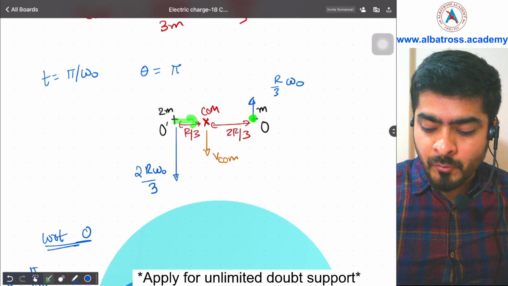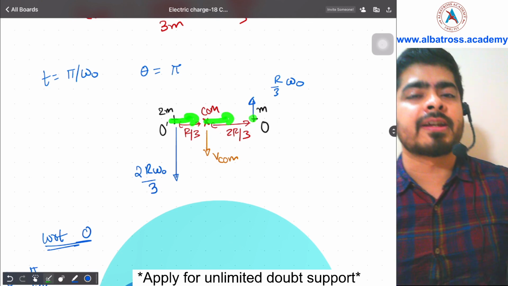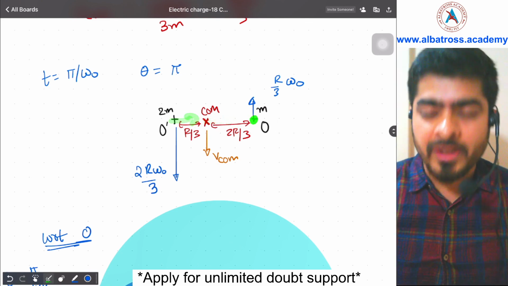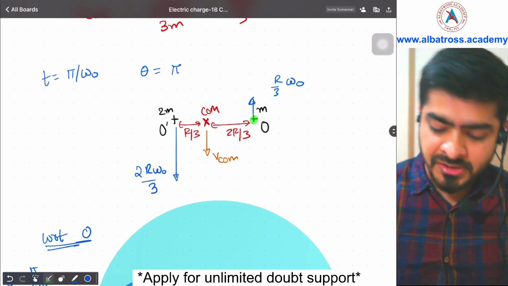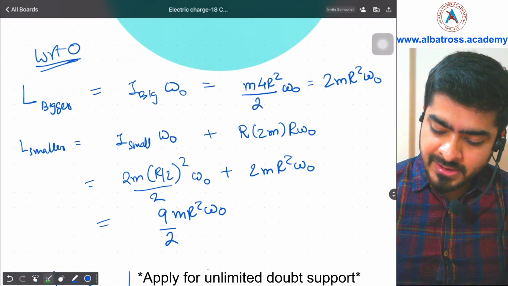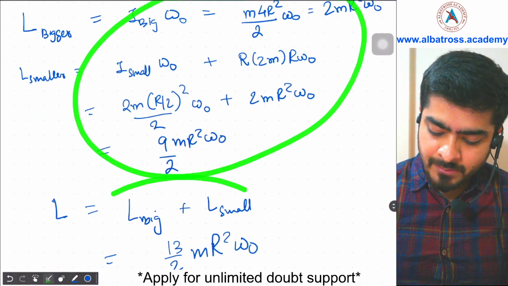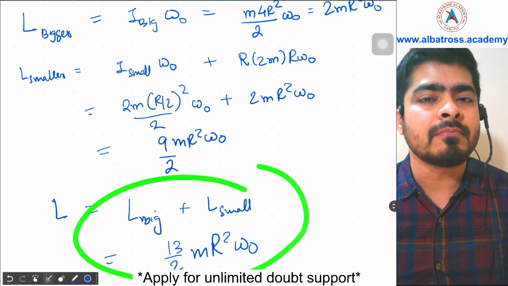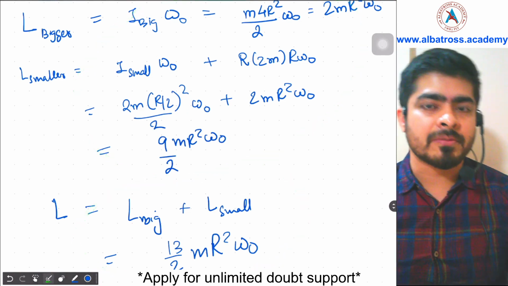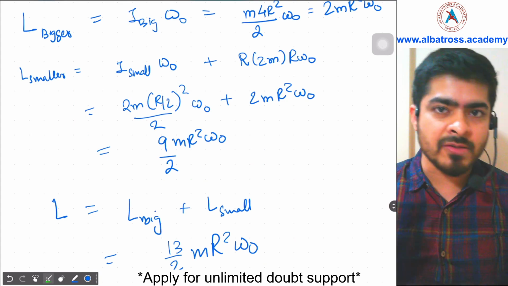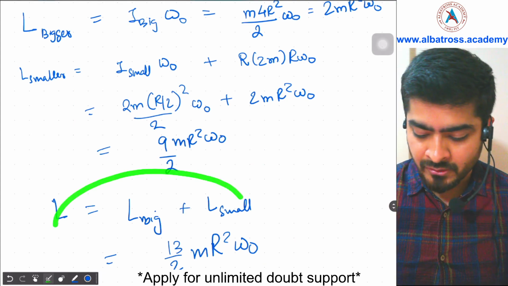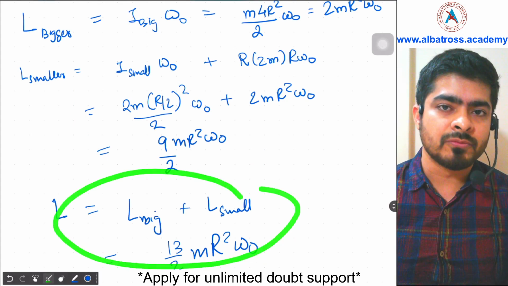And about the point O, even the pseudo force is not creating any torque. So about point O, your angular momentum is actually not changing. If you observe, you will always get the same result, whatever be the time at which you are trying to observe the system. The positions of the particles will change, but yes, the angular momentum will come out to be this value.